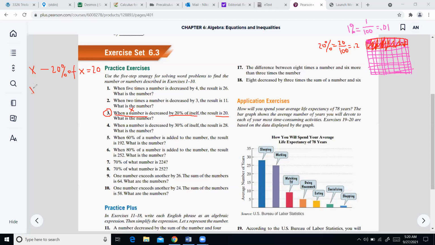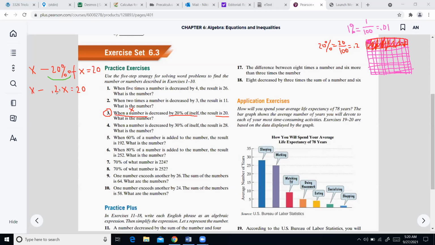Please notice that if I start and work out this percent, that 20% will be, just like in my previous example, turned into 0.2. Of means times, so we actually multiply this 0.2 by x, and that's how the equation appears. When I start solving this, there are two ways of doing it.